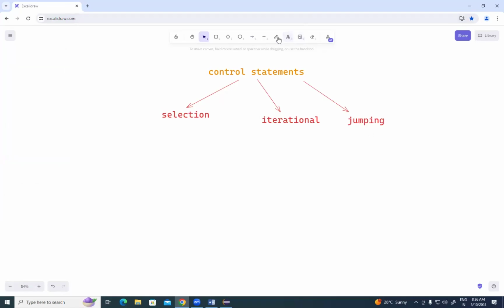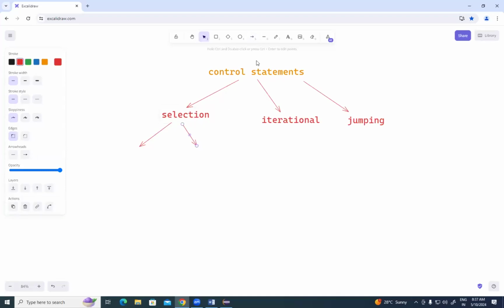Right. Folks, please understand, selection statements are again subdivided into 2. What are the 2 selection statements? One is the if statement. The second one is the switch statement.